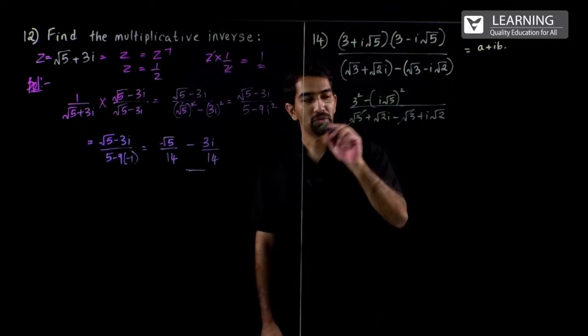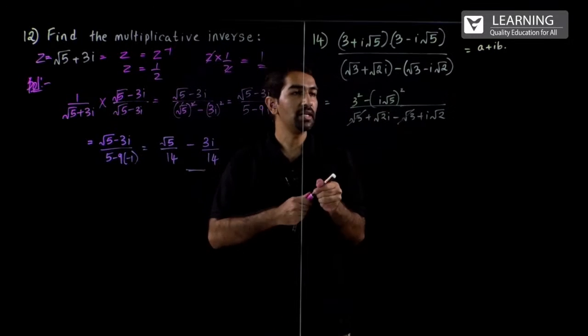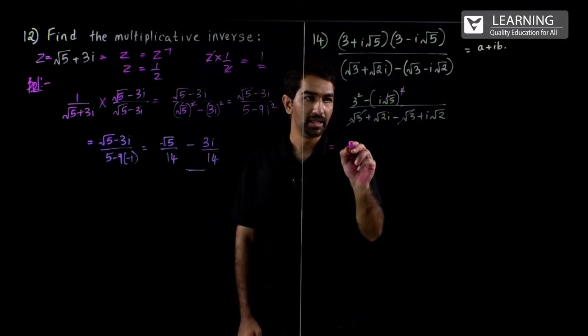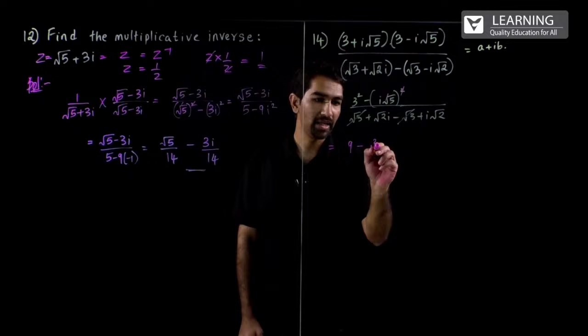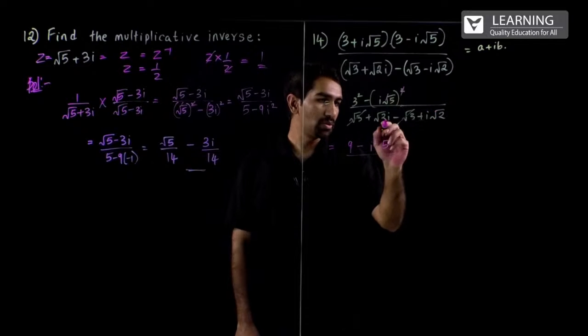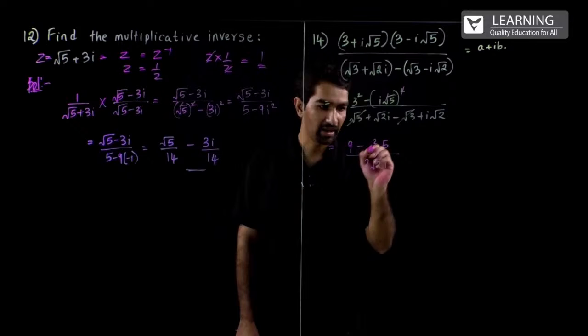Root 3 minus root 3 will get cancelled. What is remaining now inside? The square and root also will get cancelled. So this will be 9 minus i square of 5 the whole divided by root 2i plus root 2i, that is nothing but 2 times root 2 of i.